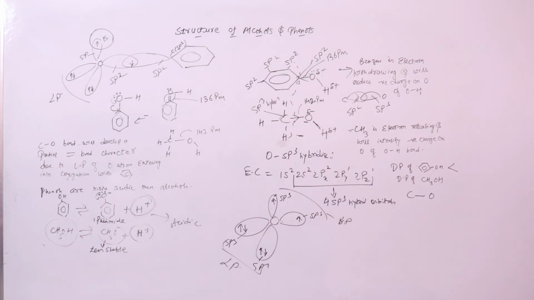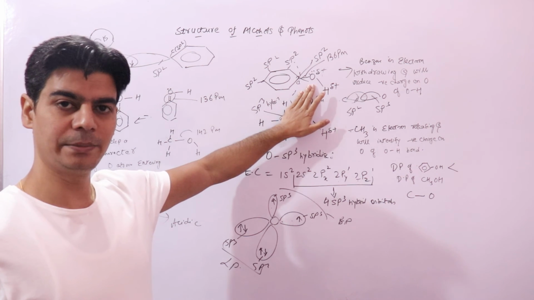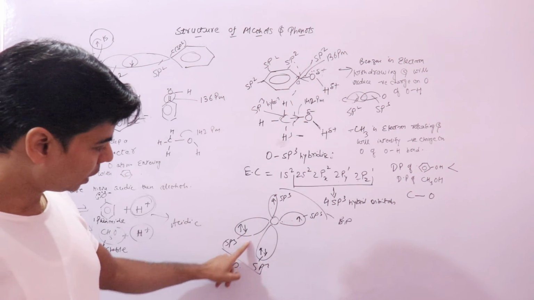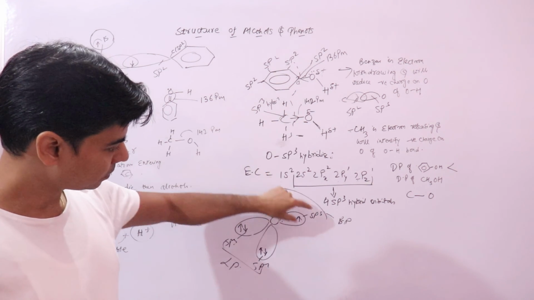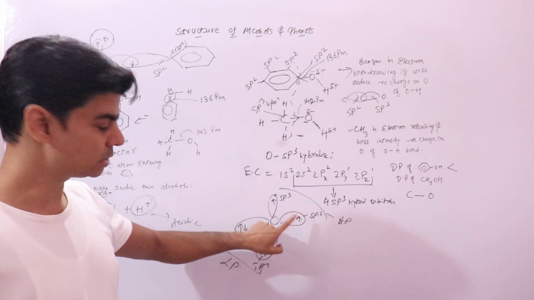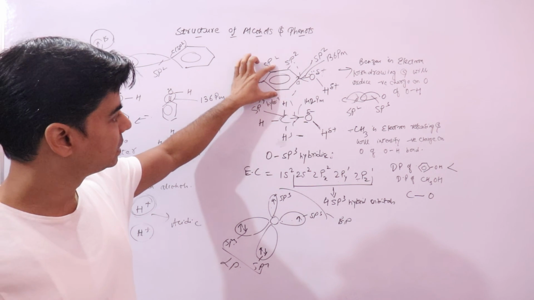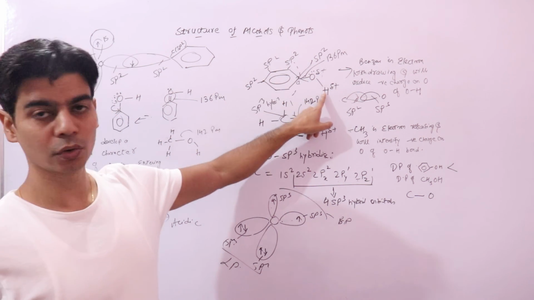Just remember the structure that we have discussed earlier, that oxygen is sp3 hybridized. These two are lone pairs of electrons, and the singly occupied hybrid orbitals will enter into bond formation with your benzene ring or methyl and the other oxygen atom.